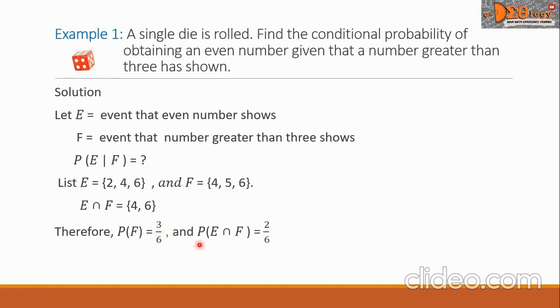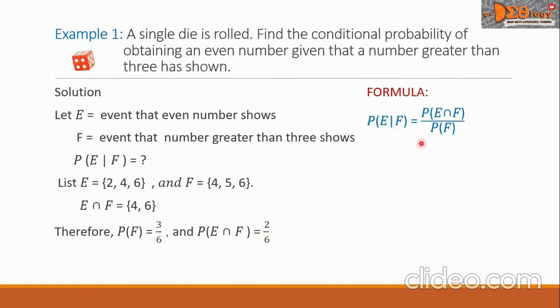Next, the probability of E intersect F is equal to 2/6. We write here 2 because there are 2 elements in the E intersect F. Again, we write 6 in the denominator because there are 6 elements in the sample space.